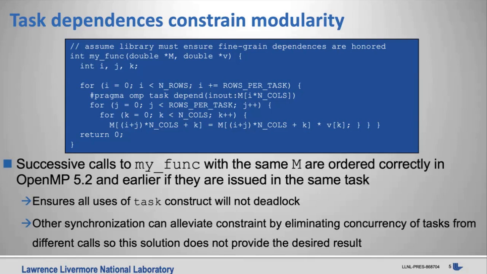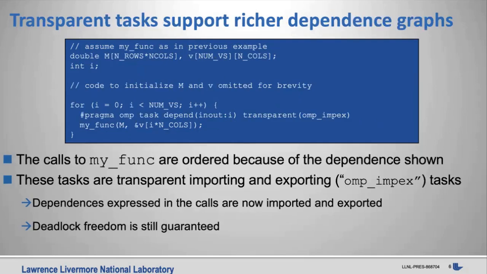But in that way you can allow concurrency across different encountering tasks. But that's pretty complicated. You really would like the dependencies to be able to specify that across different tasks that encounter myfunc, that they will then enforce the synchronization required.